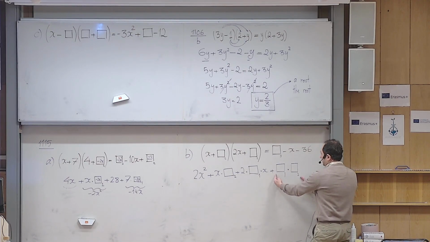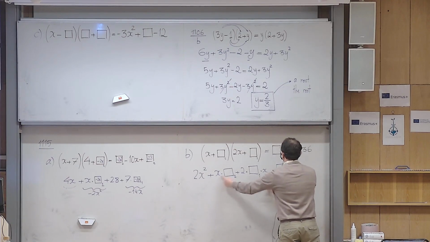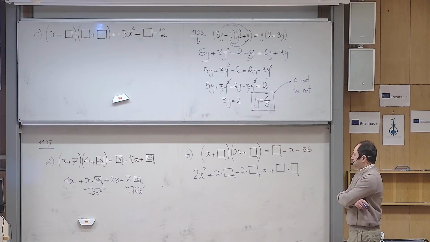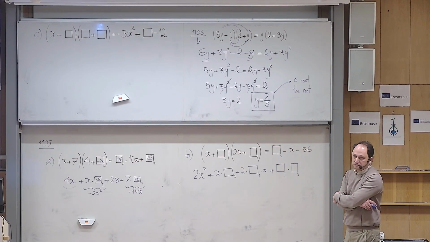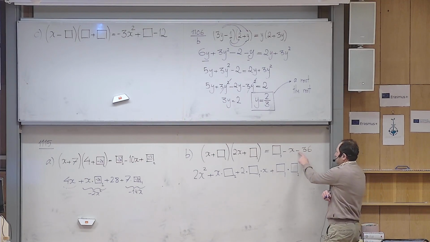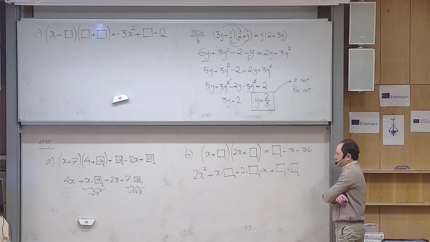But then this product should turn out to be minus 36, and this sum should turn out to be minus x. Do you have any idea? So you see, this is going to be minus 36, this is positive. So it means one of these boxes should be positive, one of them should be negative, so that when I multiply them, it becomes negative.